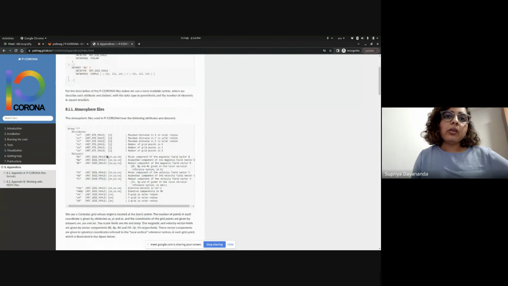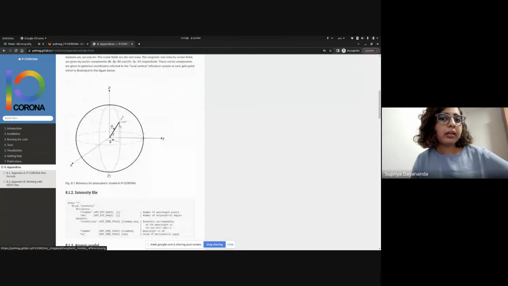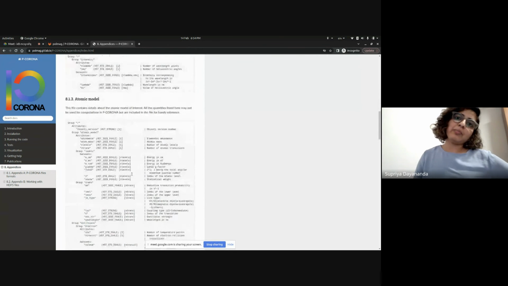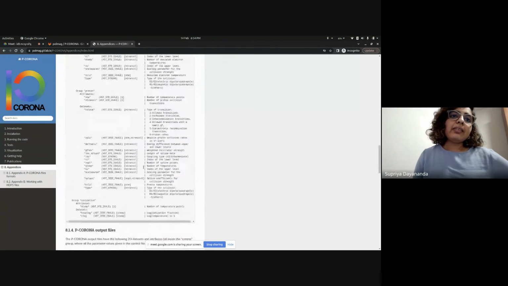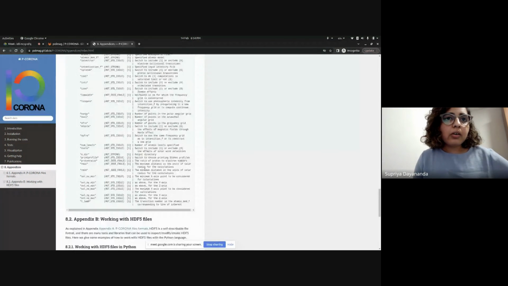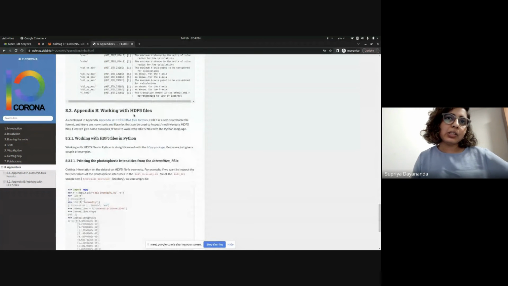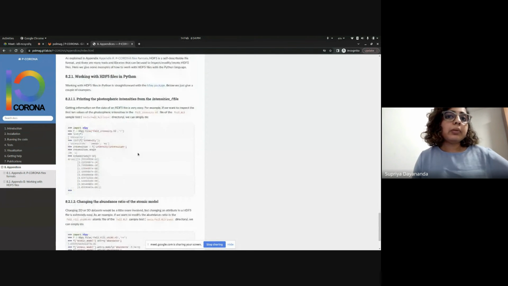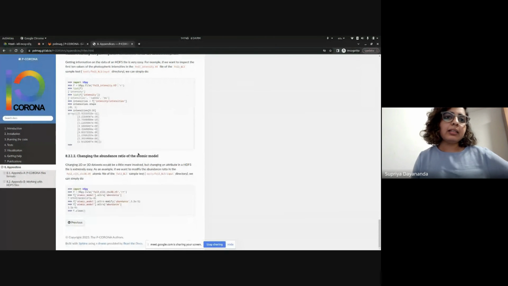And as long as you are constructing your atomic and atmospheric file in this format, you should practically be able to run the code for that particular model. Towards the end, we have also given some basic instructions, if you're not familiar, to use HDF5 files and to make simple changes within the existing files if it's 1D data and things like that.